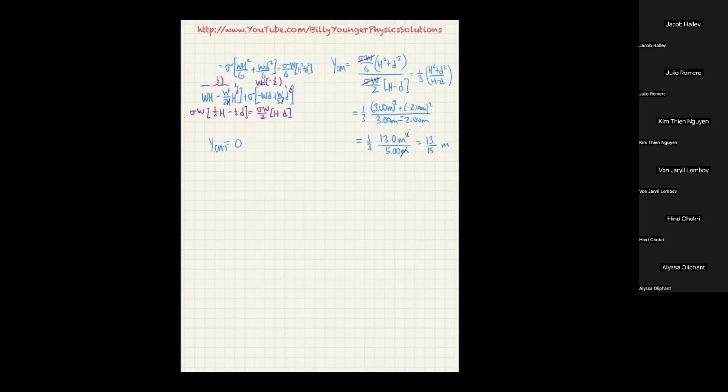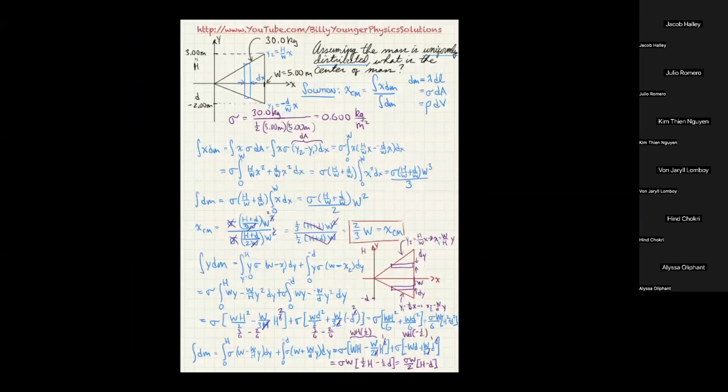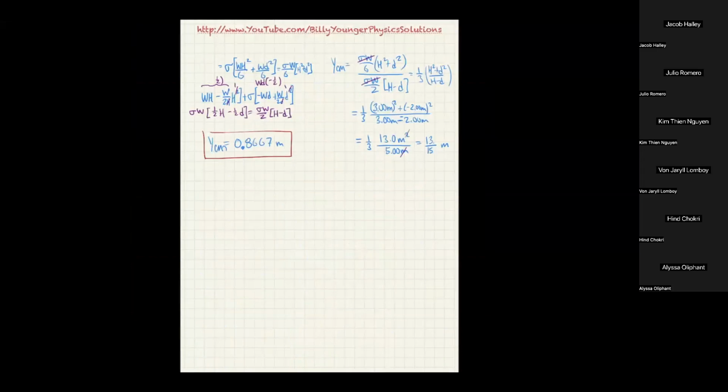So I'm going to say this is 0.8667 meters. Now we're hoping that's right, and if I didn't make any careless mistakes, it should be right. And we can test that, because what we had, of course, was a block that went up 3 and over 5.